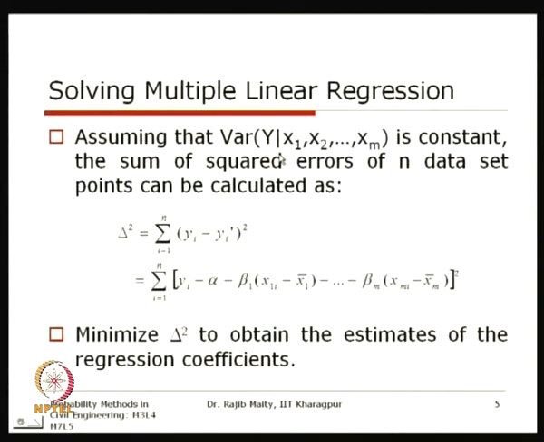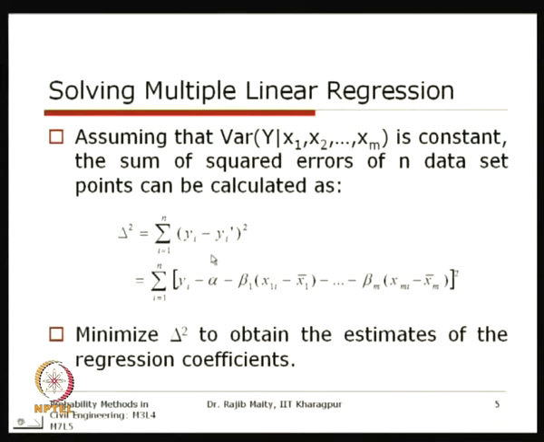Now, if we assume the first case, that the conditional variance is constant, then the sum of square error of the n data points can be calculated as this. Here y i is our actually observed target variable, and y i prime is the modeled variable that we get from this regression equation. So, take the difference between them, square them, and then sum up for all the individual observations, that is n observations.